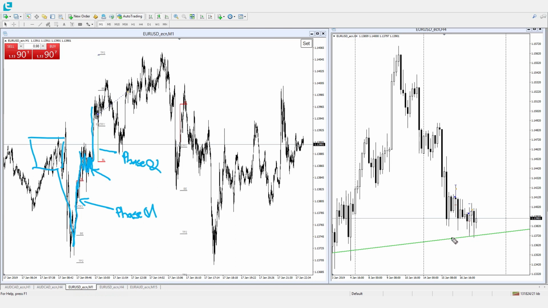And I looked at the 4-hour chart and I said, okay, that's a nice bounce, let's take it. But you should have taken a signal that occurred right here, not in the second impulsive move, because usually the price move is over by that time.